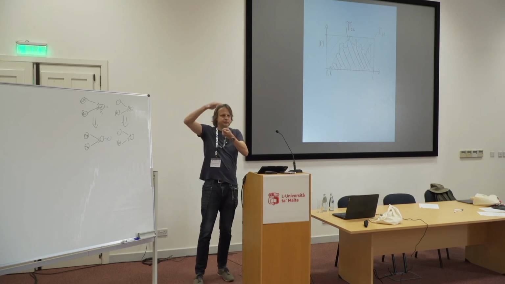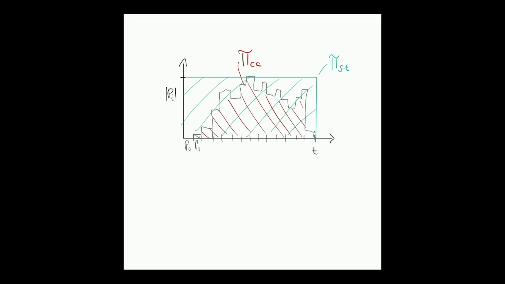The height of this skyline is the number of pebbles in each of those pebbling configurations. Then, in this picture, the space-time complexity will simply be the surface of this square, the time complexity t times the space complexity, which is the maximum number of pebbles in any configuration. So this green thing is going to be our space-time complexity, and the cumulative complexity is this red thing. It's simply the surface under the skyline.